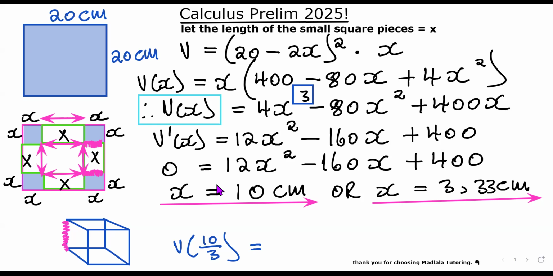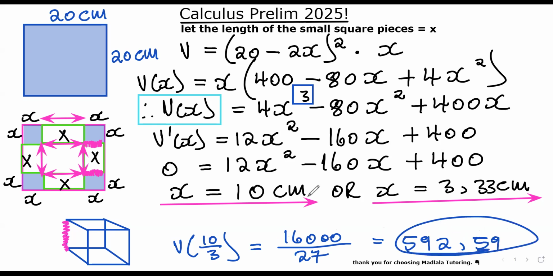The original function is 4x cubed minus 80x squared plus 400x. And when I do, I get 16,000 over 27, which is properly translated to 592.59. So this is the volume.